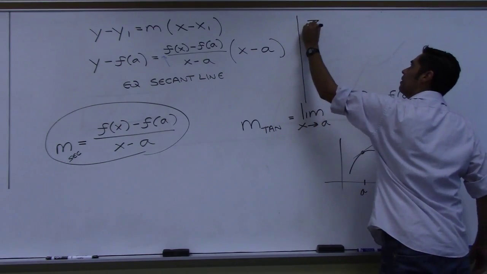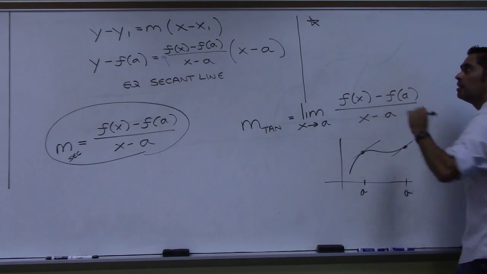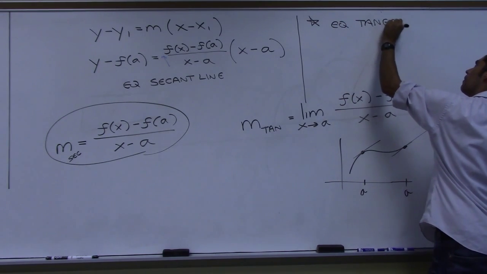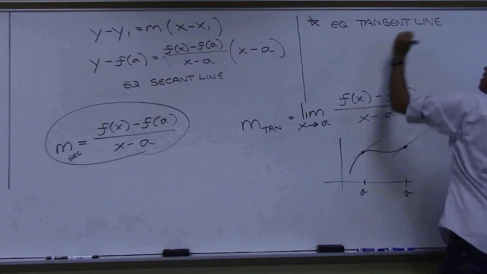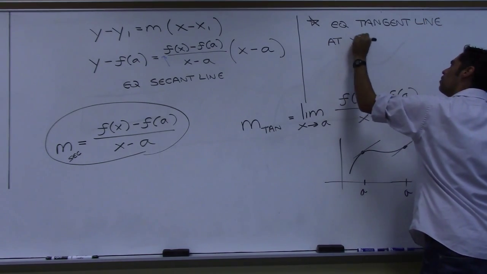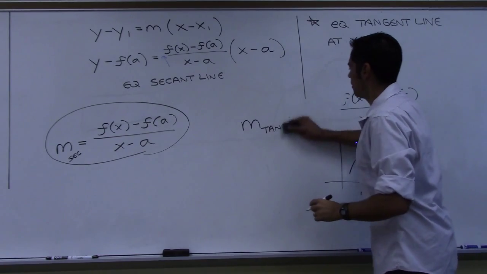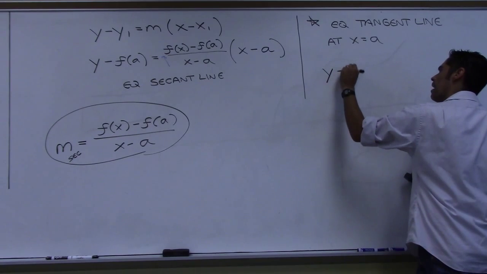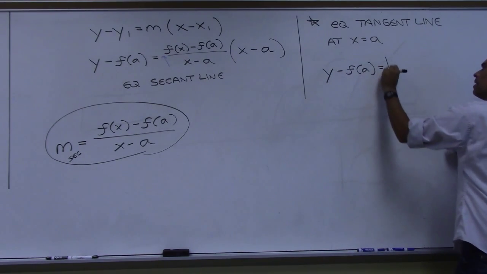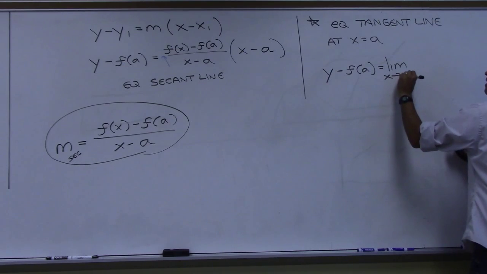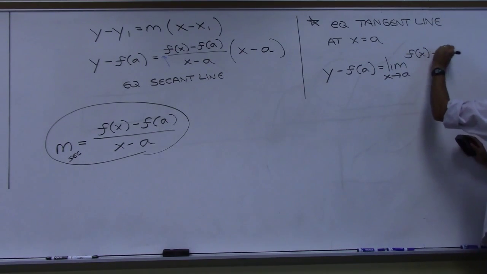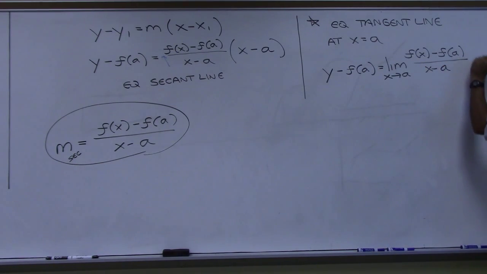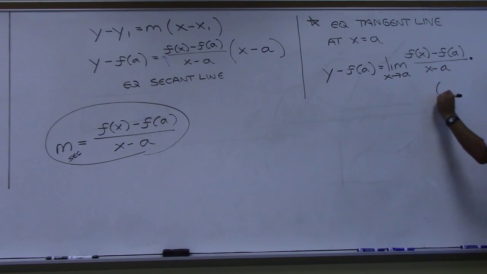Because this is a pretty important formula. The equation of the tangent line at x equals a is y minus f of a equals the limit as x approaches a of f of x minus f of a over x minus a, times, I'm going to run out of space, but times x minus a.